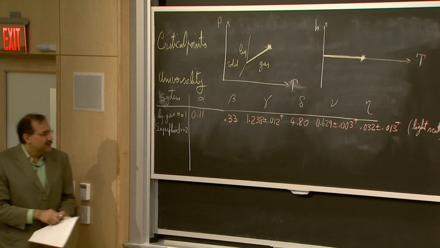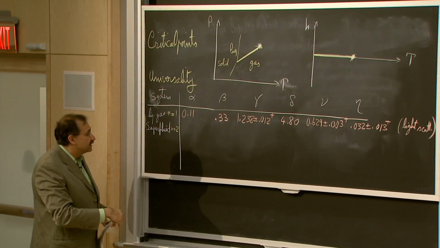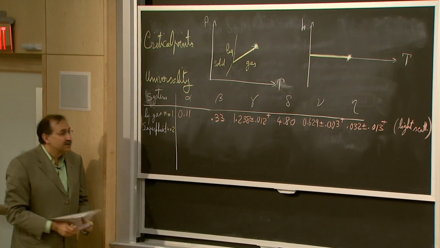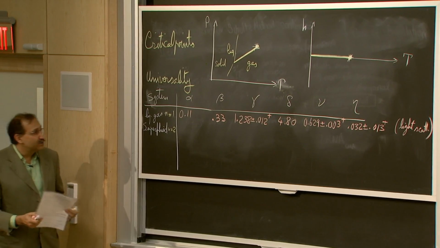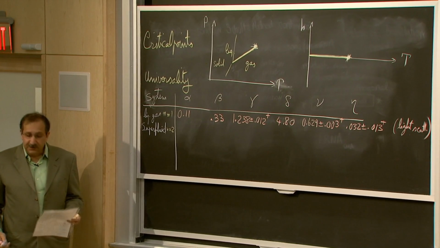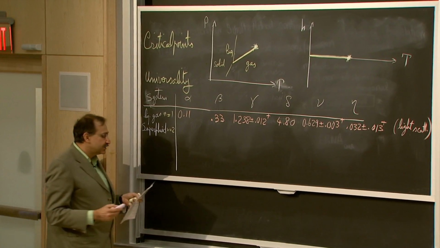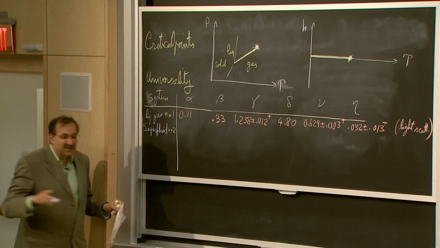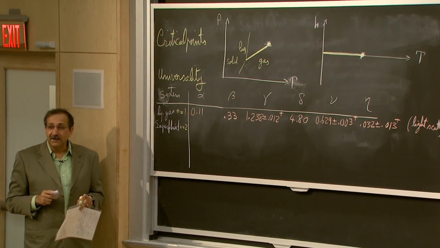And I just want to mention that actually the most experimentally accurate exponent that has been determined is the heat capacity for the superfluid helium transition. I had said that it looks like a logarithmic divergence.